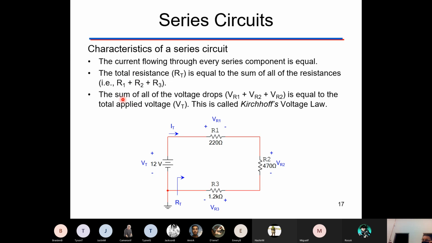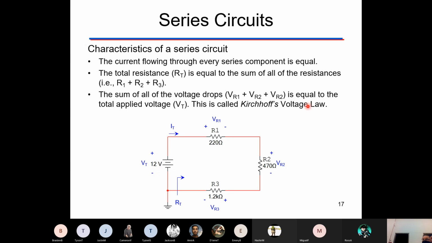Okay, and then the third characteristic is that the sum of all of the voltage drops, that's how much voltage you lose after going through each resistor, is equal to the amount of voltage that you put in. So in this case, it would be equal to 12.